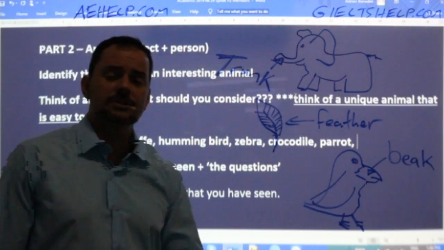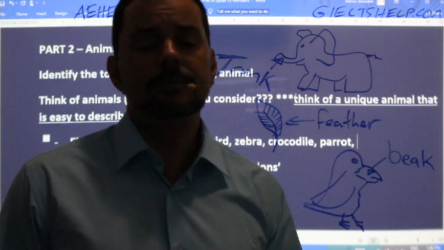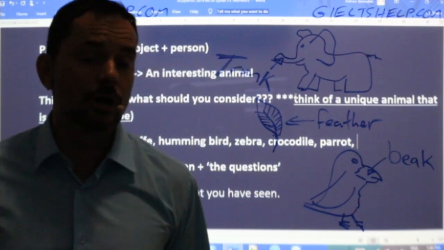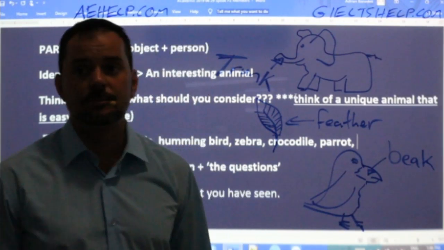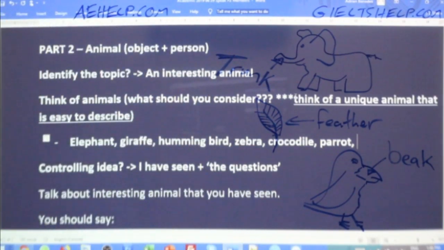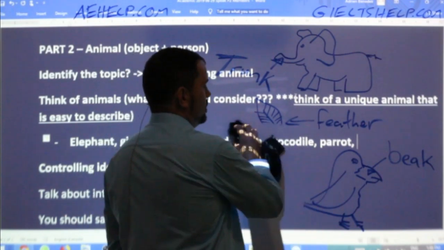If you haven't spent any time learning about animals, maybe now's a good time to pick up a book and read a little bit or watch some nature shows about animals and learn these basic parts of animals, okay? Definitely, animals are a big part of our planet, and it's good to know a bit of English around it, for sure.